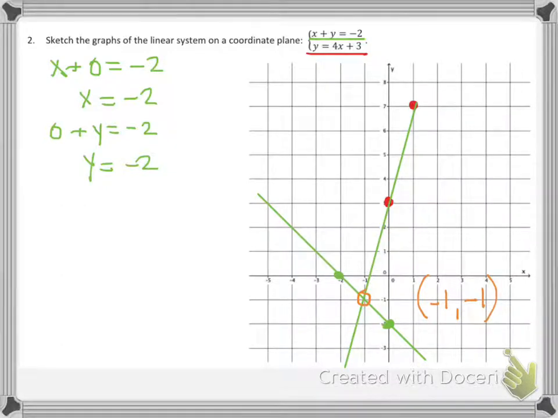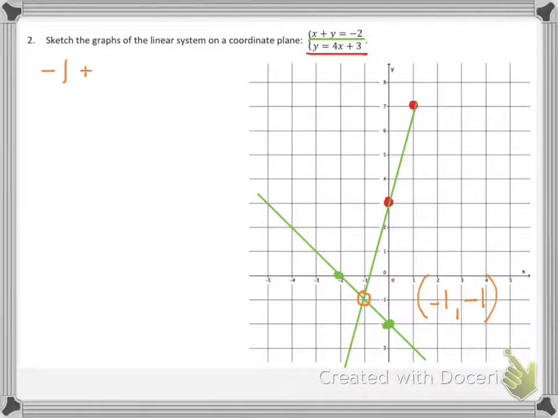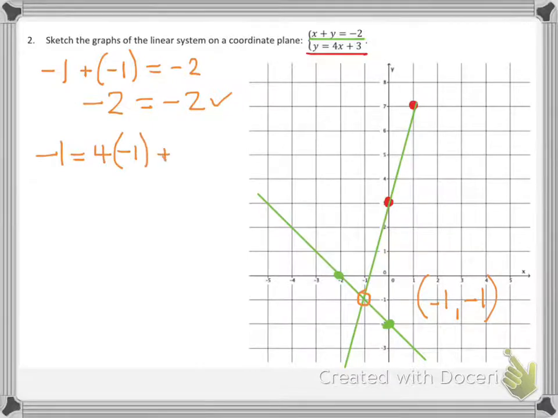And we can check it by just plugging our x and y values in and see if they're true. So let's use the first equation. x, which is -1, plus y, which is a -1, equals -2. And a -1 and a -1 does equal -2. So that first one checks out. And if we do the second, we get our y value, which is a -1, is equal to 4 times our x value, which is a -1, plus 3.